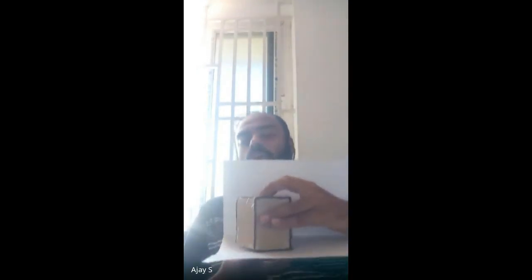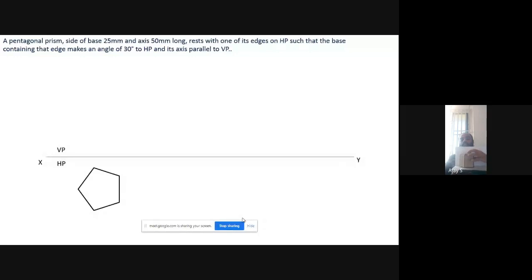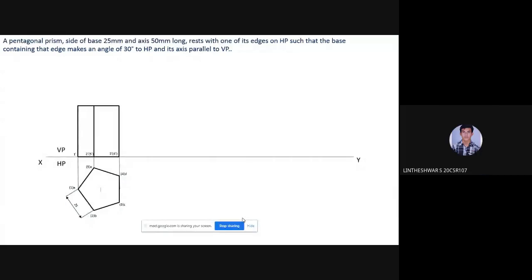Here, this will be the second position. That is, you'll have a top view like this, and then your front view will look like this. So we'll check whether it is the same. Yes or no? So both the views are understood, first and second position.